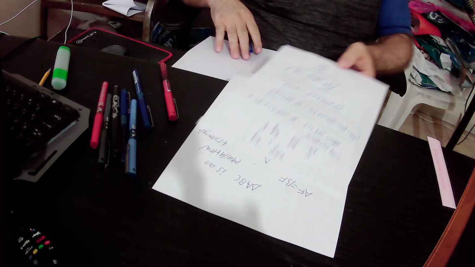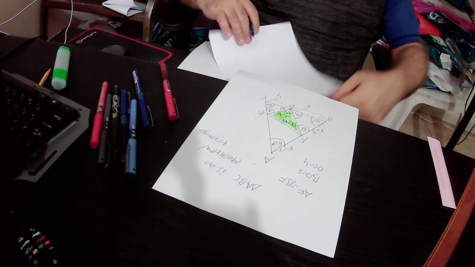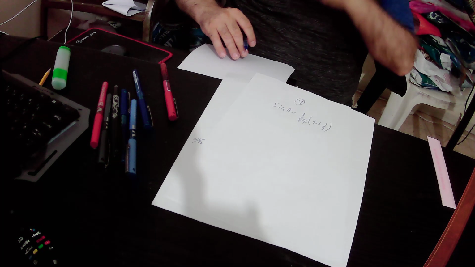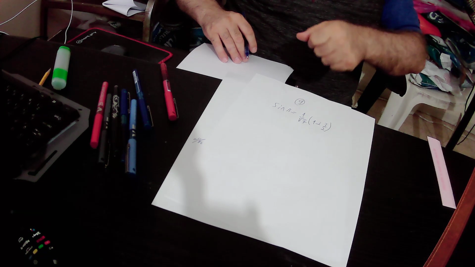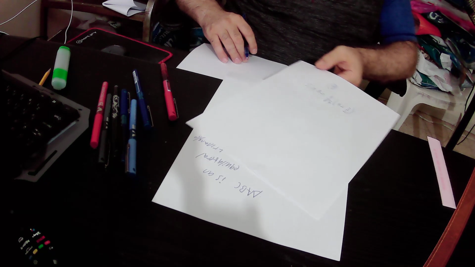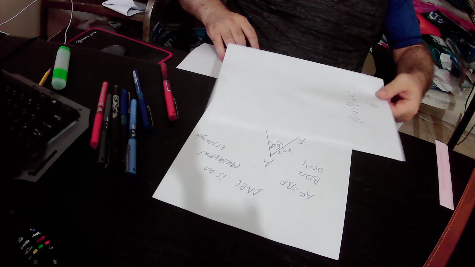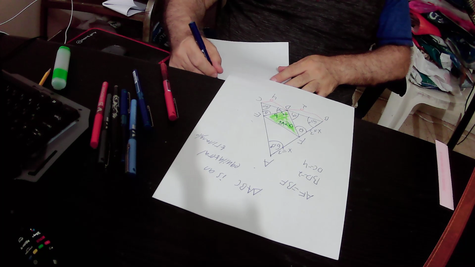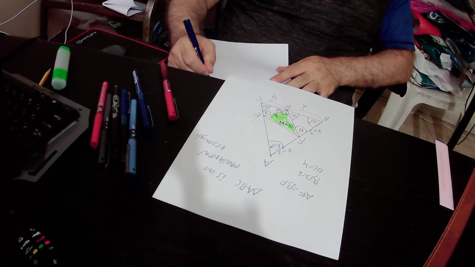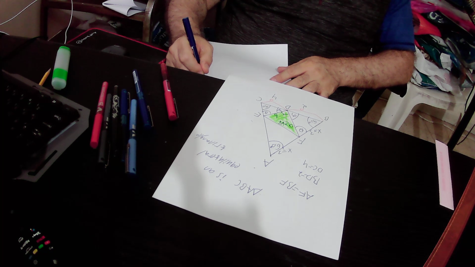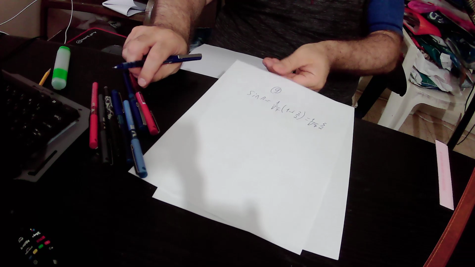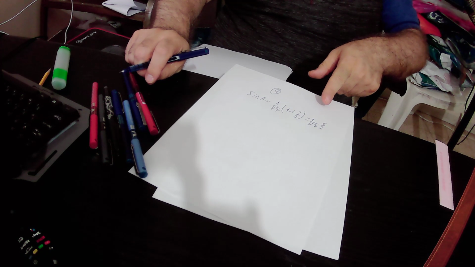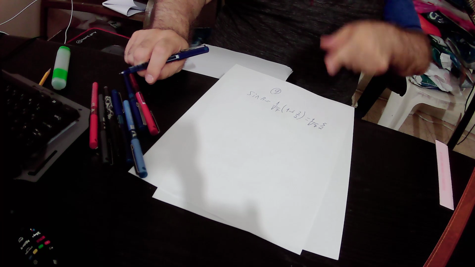So in total we got that sine beta equals 1 over root 7 times 1 plus 3 over 2. 1 plus 3 over 2 is 2 and a half, or 5 over 2. So it equals 1 over root 7 times 5 over 2. In total we got that sine beta equals 5 over root 7 times 2.